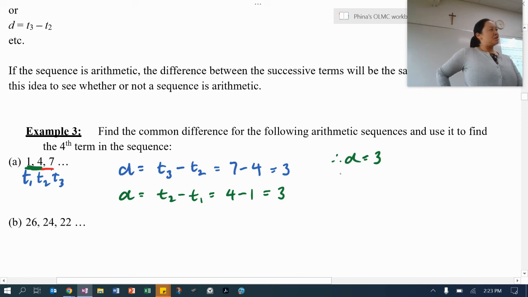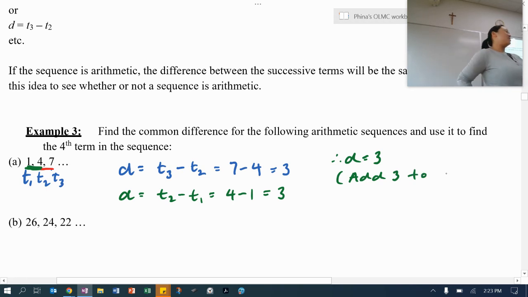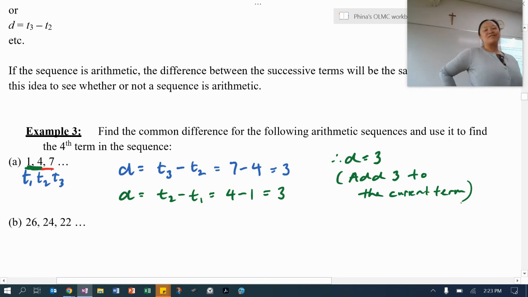You don't need to write this when you do it, but I'm just showing you. The three dots just mean therefore, the symbol for therefore, like in summary. Just writing D equals 3 will do. So what it's saying is add 3 to the current term.